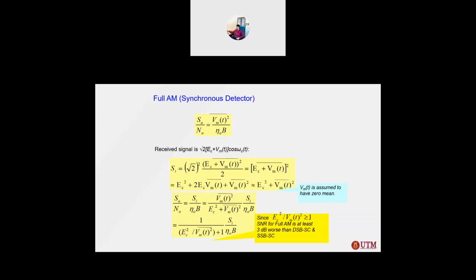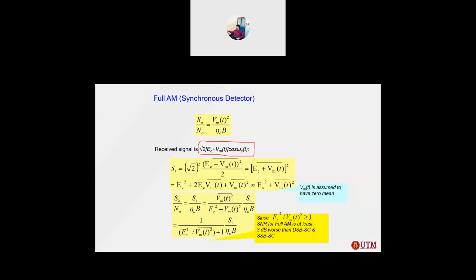The received signal is 2 EC VMT cos omega ct. This is the signal that you receive without the noise, the one that you transmit actually, and the one that you receive without the noise. But if you have the noise, you add it with the noise.